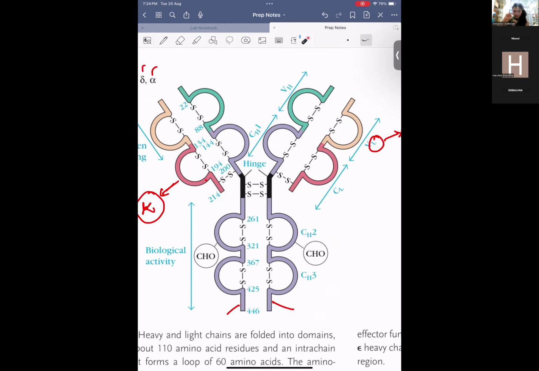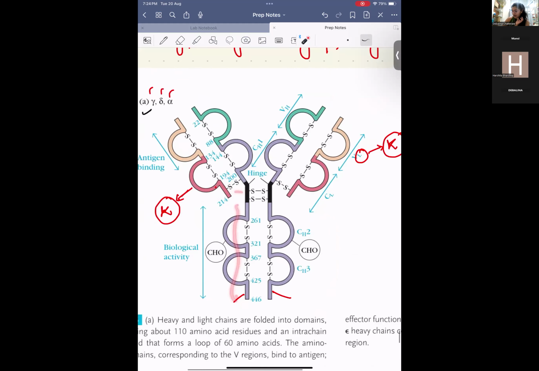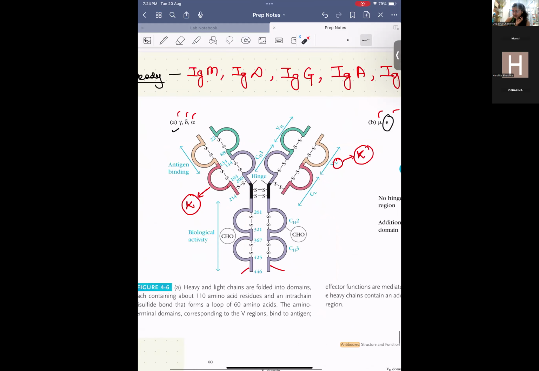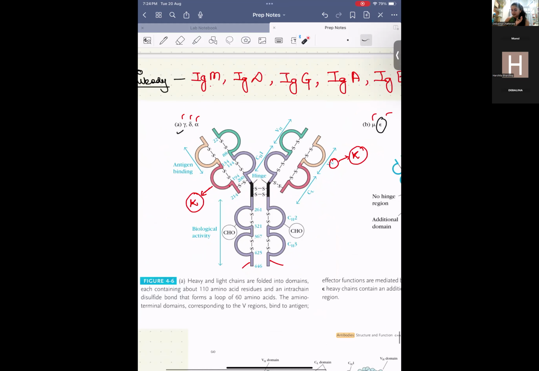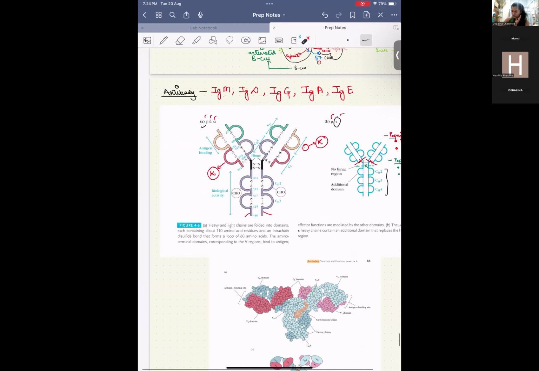At the same time, papain was cleaving beneath a single disulfide bond, which is why you get two separate FAB fragments and an FC fragment, because the disulfide bonds keep those two chains together and no degradation can happen. That is how the structure of the antibody was deduced.